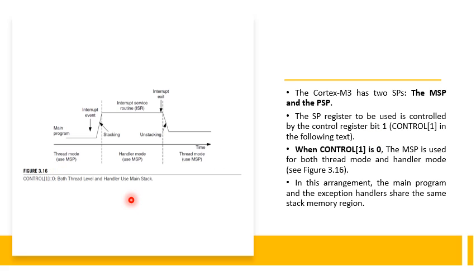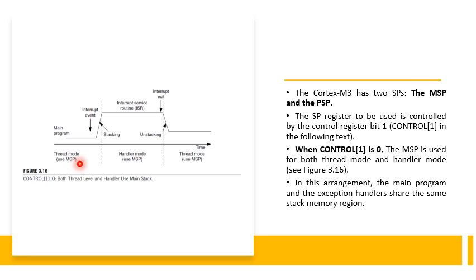But how to know the state of that? This timing diagram indicates it. Whenever the main program is running and an interrupt event occurs, if the processor is in thread mode, it will use the main stack pointer.